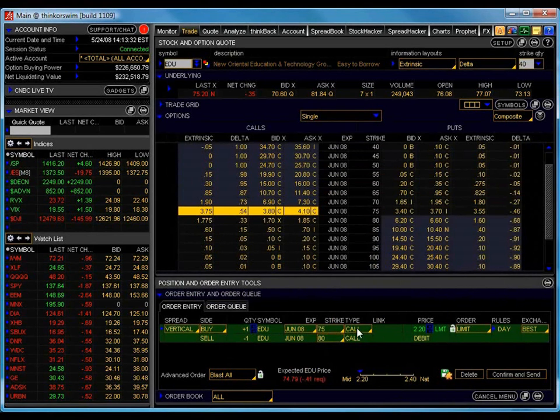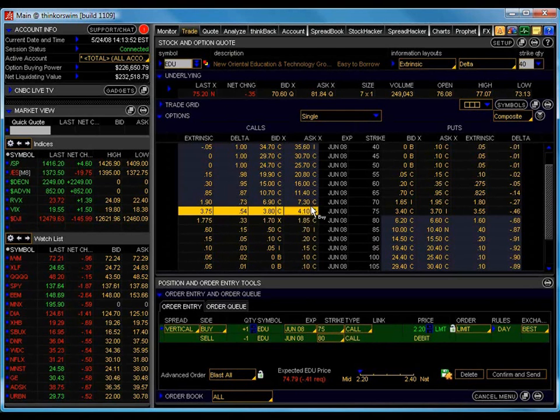Well, in this case, the stock has to move up in order for us to profit. If the stock stayed exactly the same at $75.20, then we would lose value in this option. These options would both lose value. How do we know that?